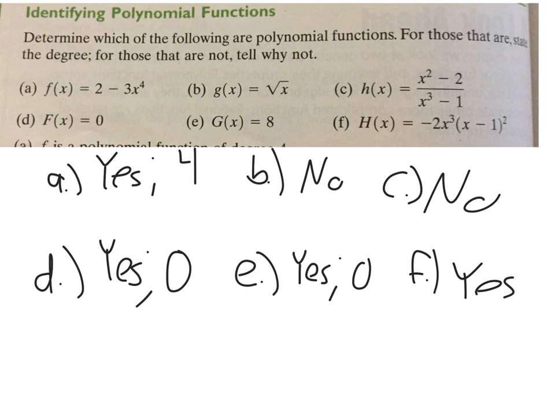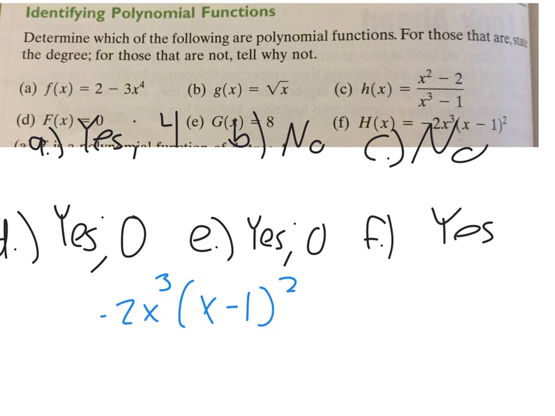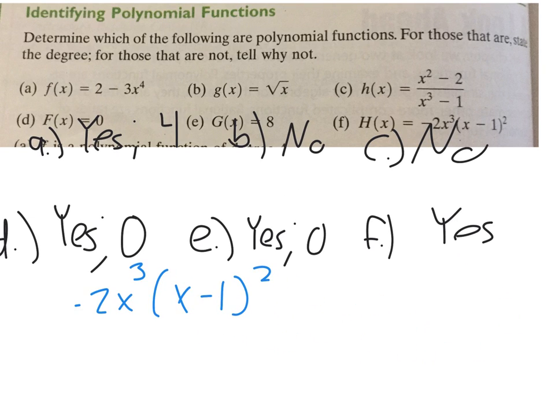Okay, so I'm going to move this up to give me some room to work that out. So I've got negative 2x to the third times x minus 1 squared. Okay, so what does that mean if I've got x minus 1 squared? That means I have an x minus 1 times an x minus 1. We distribute out.